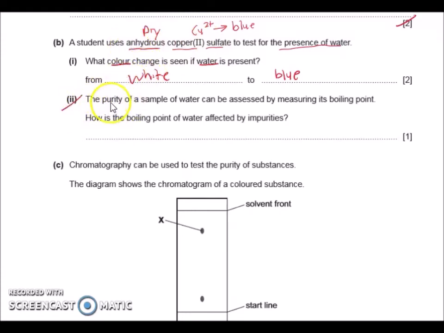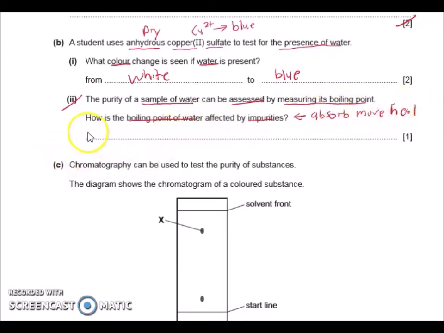Number 2, the purity of a sample of water can be assessed by measuring its boiling point. So how is the boiling point of water affected by impurities? These impurities will absorb more heat, so eventually their boiling point will be higher.